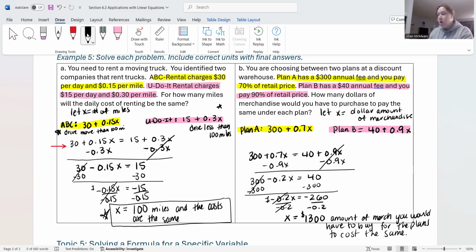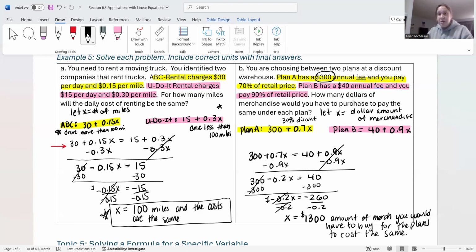So for you, even though the flat fee is higher, you're going to benefit greatly from that bigger discount. By only paying 70% of the retail price, this is like a 30% discount. So this would be what like the Duggars or that 19 Kids and Counting family or John and Kate Plus 8, these huge families, this is what they would want. They would want the bigger annual fee because they get a bigger discount.